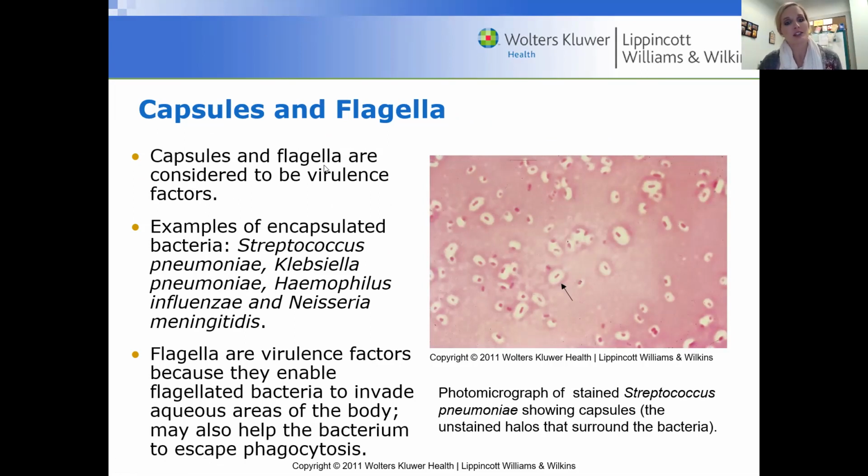And flagella is considered a virulence factor because, if you remember, flagella gives bacteria the ability to swim. So they can move and hopefully escape destruction by our immune system, specifically these phagocytes, which are white blood cells that destroy bacteria by eating them. They're able to escape that and also travel to where they want to go, to start multiplying and causing infection.